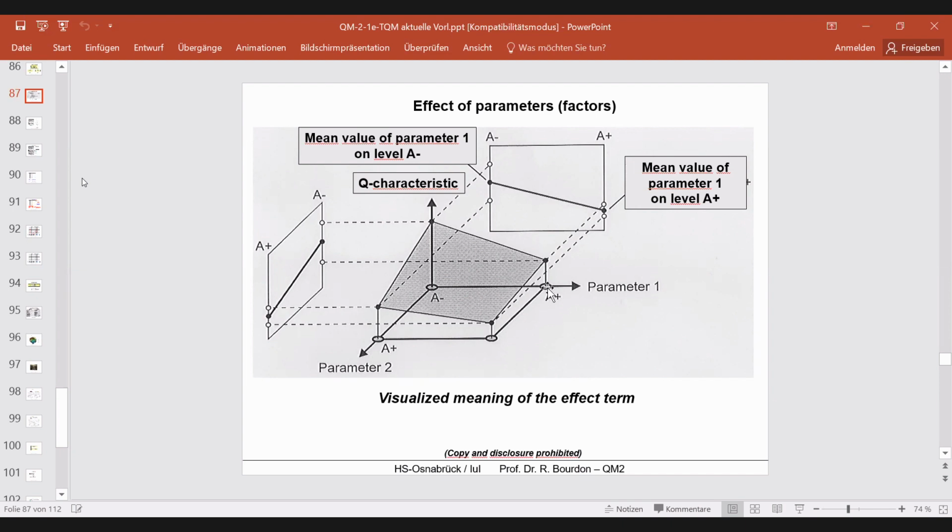Here you have a minus for parameter 2 and plus for parameter 1. Here both parameters are plus, and here parameter 2 is on plus and parameter 1 is on minus. So you have these 4 experimental runs, and this is the smallest DOE plan that is possible. It is a 2-high-2 plan. 2 parameters are changed on 2 levels, a minus and a plus level.